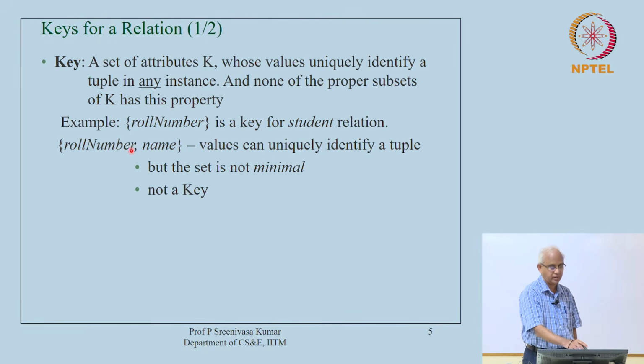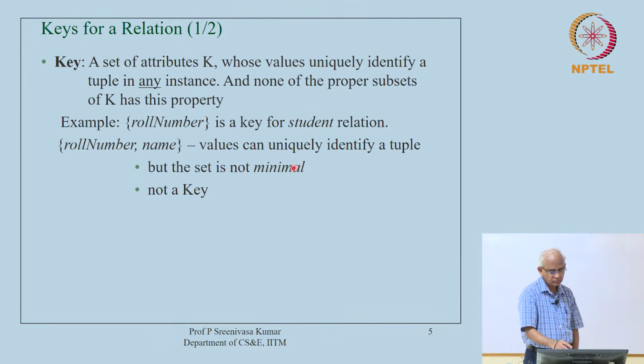As long as roll number is there, you can throw in any other attribute, and then that set of attributes will anyway have the property of identifying that tuple uniquely, because it contains roll number. So, this set has the property of uniquely identifying the tuple, but it is not minimal, because you can throw away name. You do not need name actually, you just need only roll number.